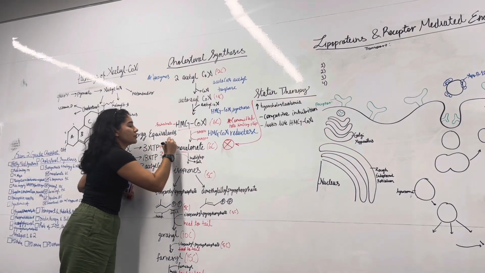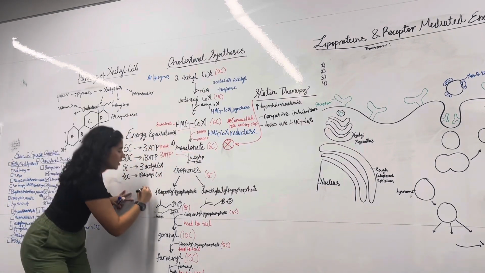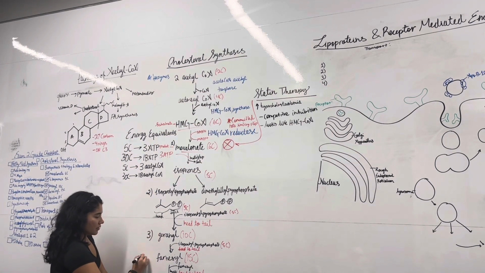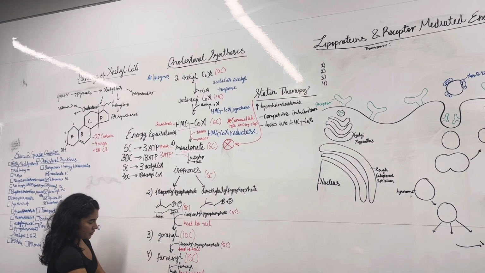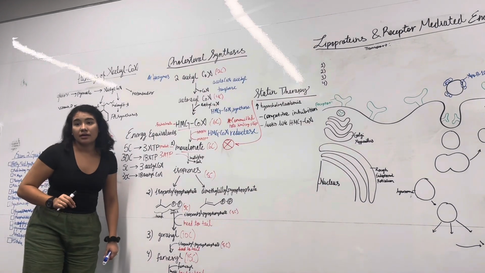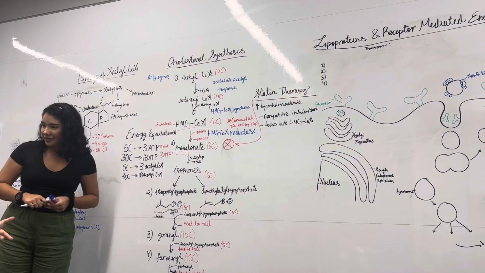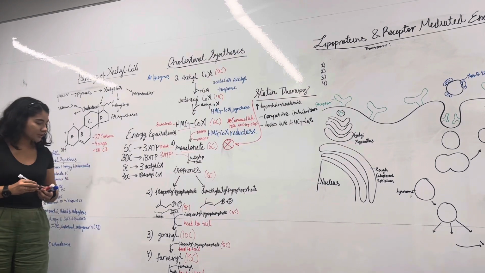If you were to number them, it was mevalonate, isopentenyl pyrophosphate, geranyl, farnesyl. Make sure you know the order, because who knows, maybe he'll just copy and paste the same things. I think I switched 3 and 4.